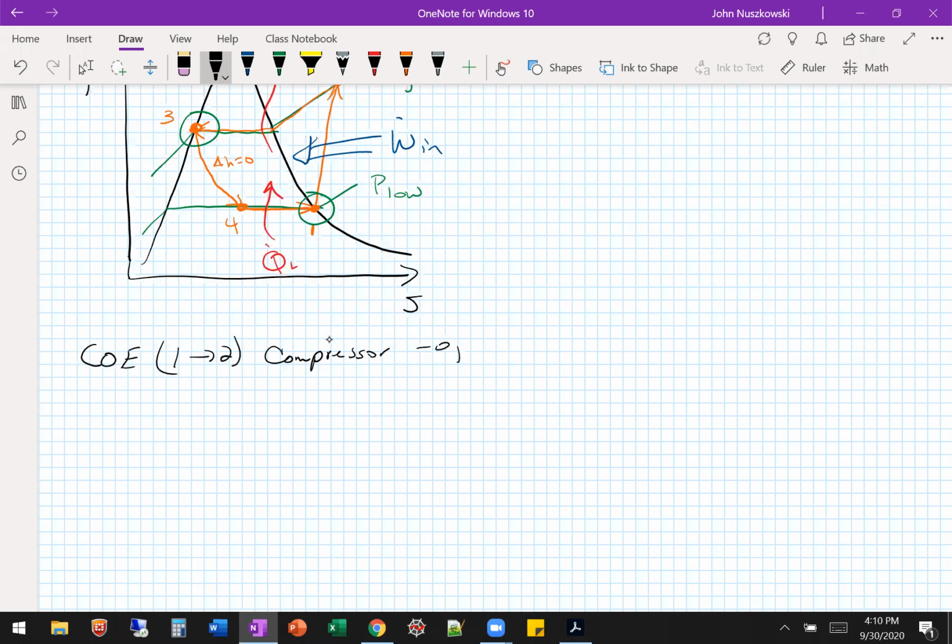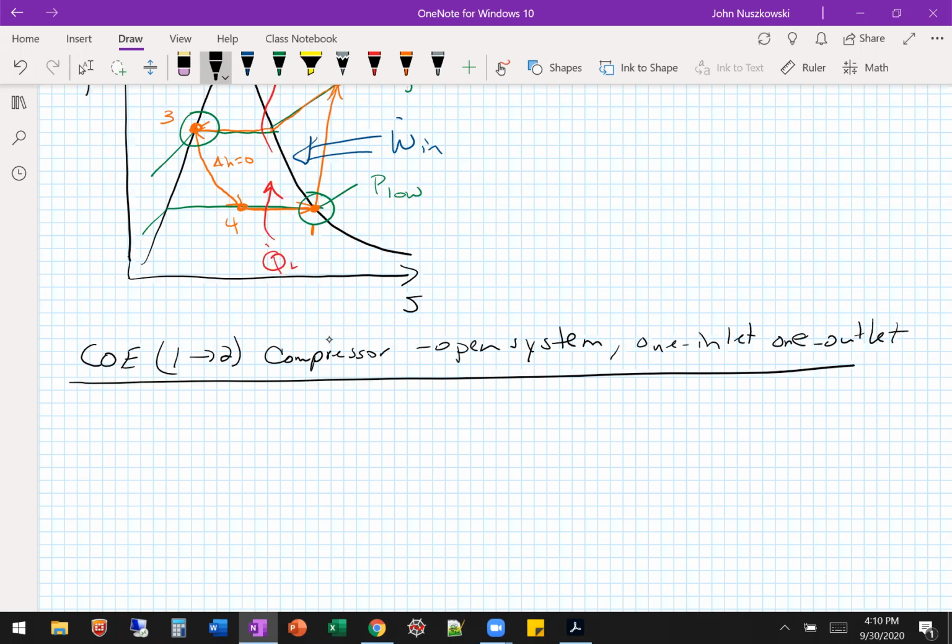It's an open system component, and it's one inlet, one outlet. I know how much everyone loved the last example that we did in the Rankine cycle chapter with all those different inlets and outlets and dividing mass flow rates.